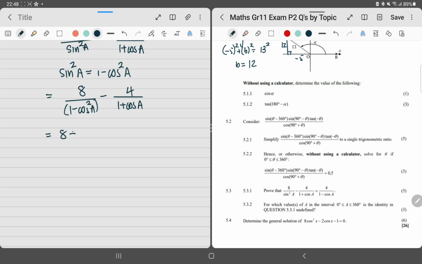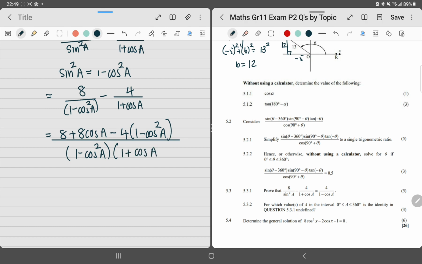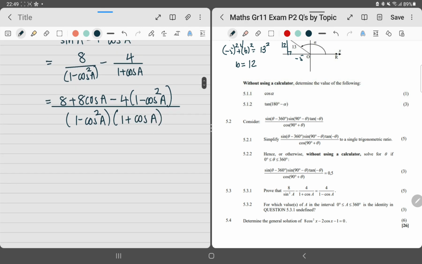This is 8 plus 8 cos of a, and then minus 4 times 1 minus cos squared of a, over 1 minus cos squared of a, 1 plus cos of a.